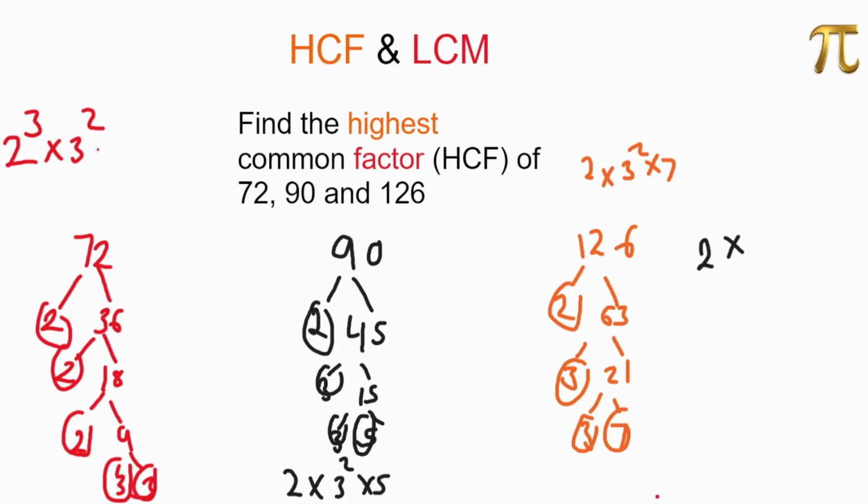You have a 3 there, you have a 3 there, two 3's, and two 3's here again. So you're going to have 3 times 3. Anything else which is common in both of them? No. So you're going to have 2 times 3 squared, which gives you 2 times 9, 18.